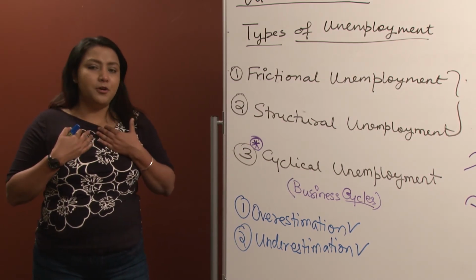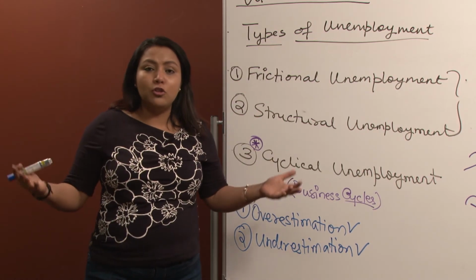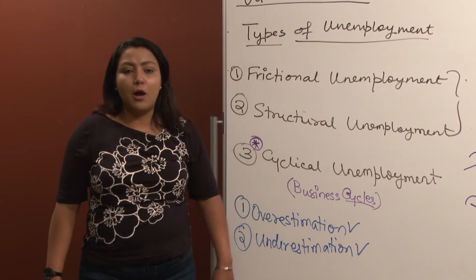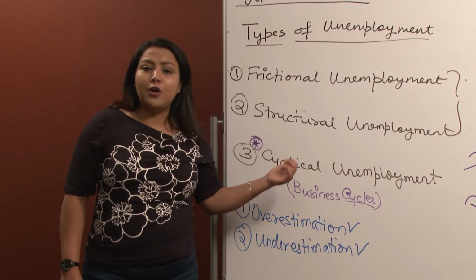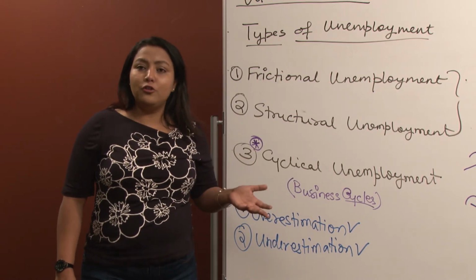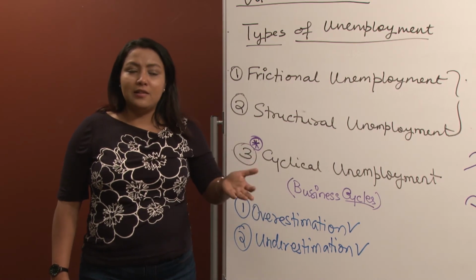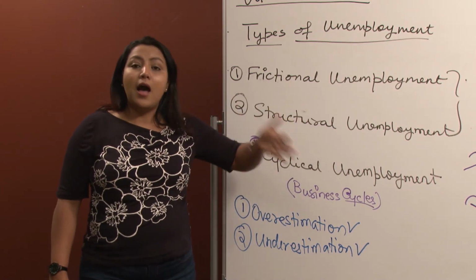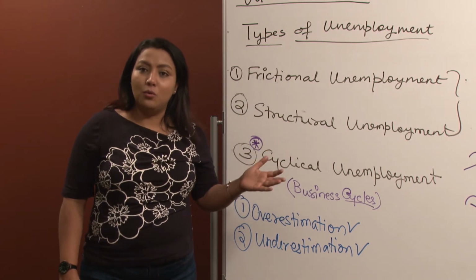So I may be a person who has looked for a job for 1 year and not found one, and I just gave up looking and I'm sitting at home right now, right? So according to the definition of unemployment, I am not an unemployed person because I have not looked for a job in the last 4 weeks. However, the real story is that I looked for 1 year, I got discouraged, I didn't find anything, and that's why I'm sitting at home, right?